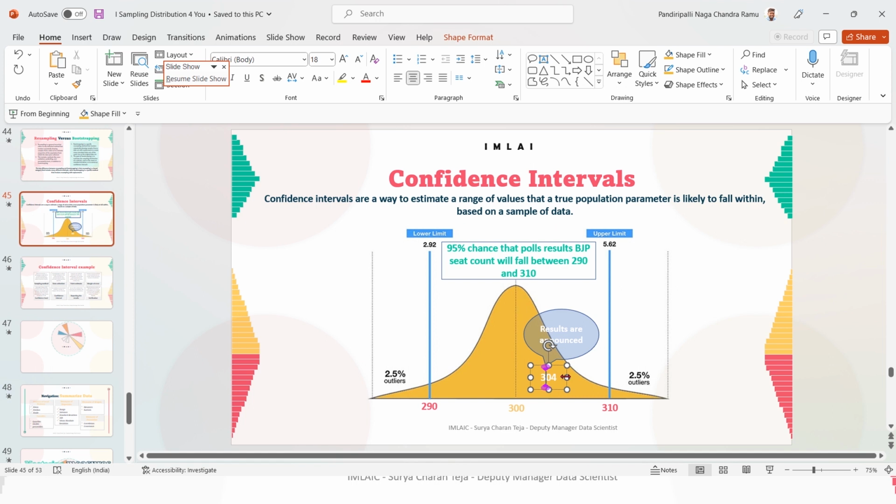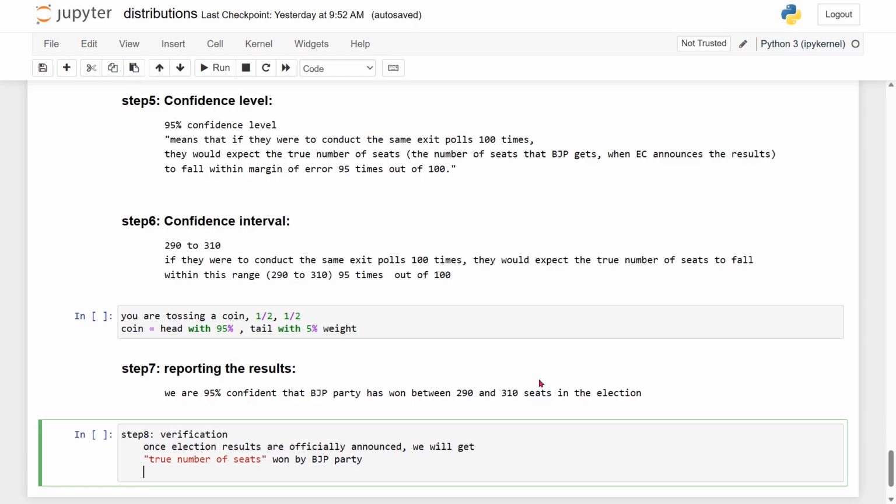But by mistake, if it falls outside of it, if the BJP gets 320, because you have to get at least somewhat closer, then they will look back into their respective methods and adjust their methods if necessary for future elections.